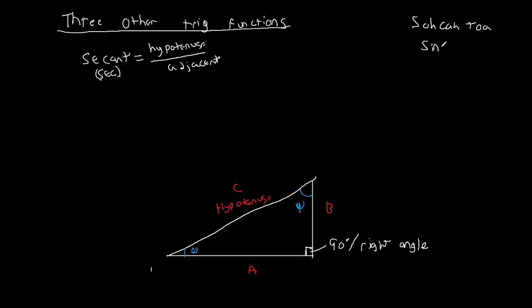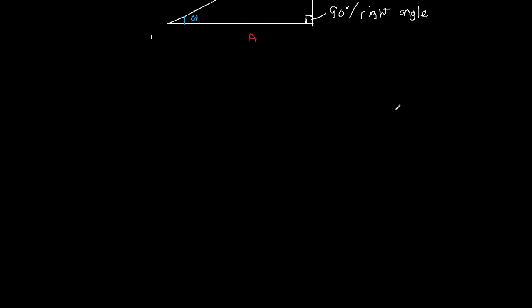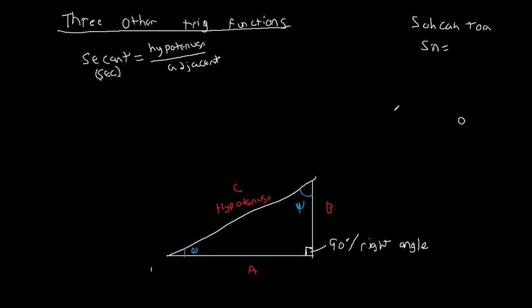So we have sine is equal to opposite over hypotenuse. Right?